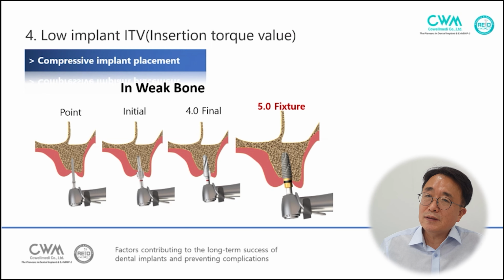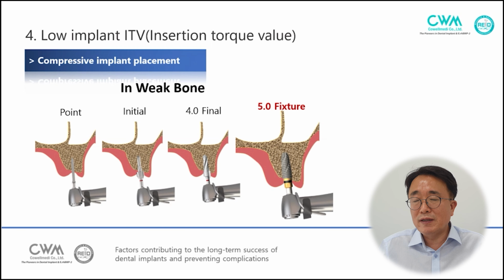Without compressive implant placement, if you get 40 Newton centimeter ITV, you can connect a diameter 8.5 or 7.5 healing abutment.